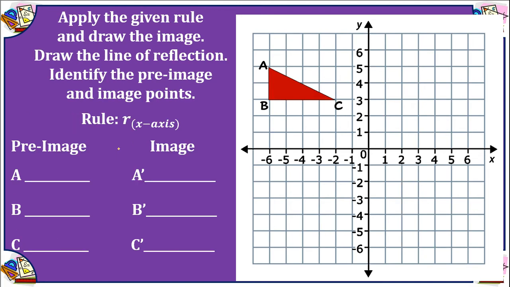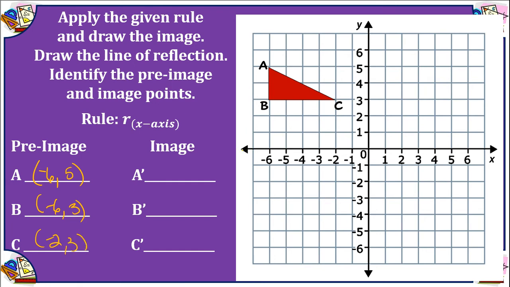So let's go ahead and go on to where they give us the pre-image, they give us the rule, and we reflect across the given axis. So first of all, A is negative 6, 5. B is negative 6, 3. And C is negative 2, 3.